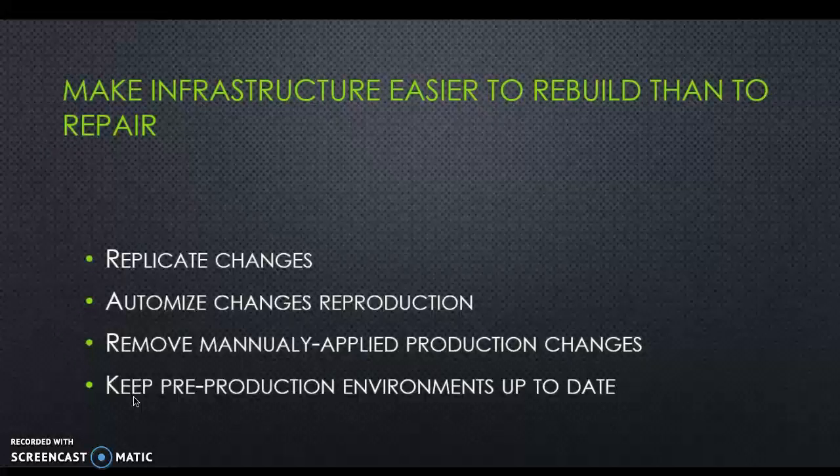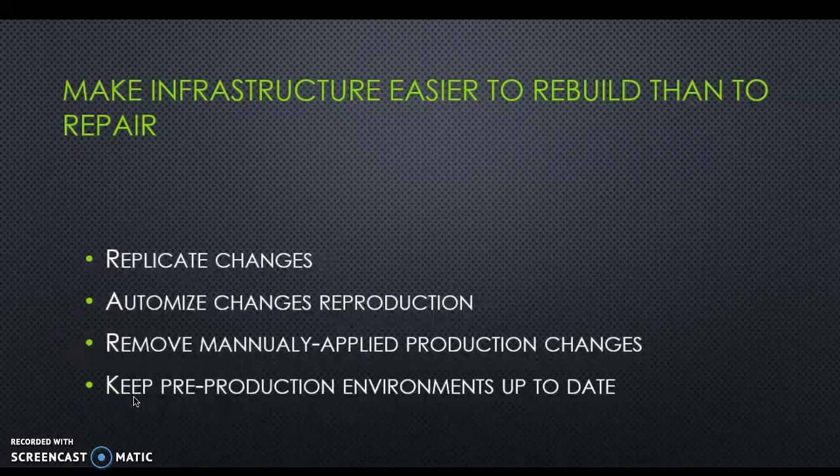We replicate changes. It's really very important to keep the repository up to date, because that's where we're going to rebuild the environment from. So keeping it updated is crucial. And we do this by optimizing changes for production. We don't have to make these changes manually. Of course, this is another bottleneck that has to be cut.